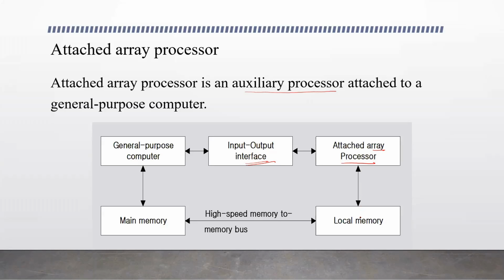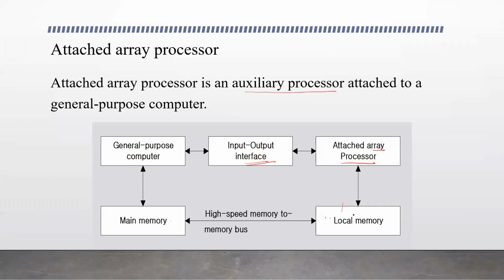And that is connected to a local memory that can be accessed faster than other memories. From main memory, data is transferred to local memory, which gives data to this array processor, so that an array of data can be processed at the same time by a set of instructions. For example, performing addition, a simple or complex operation, on an array of data.